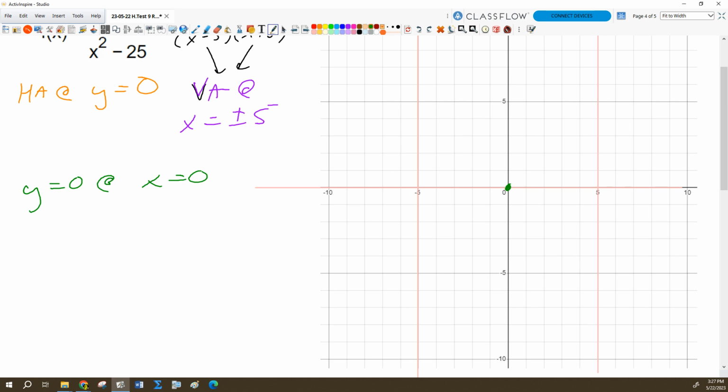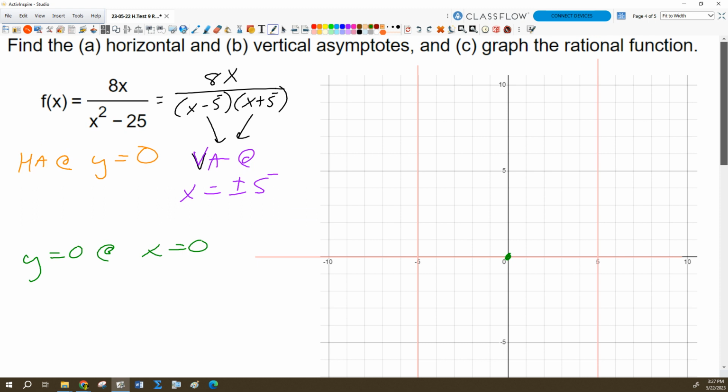Okay, so what would be good test points to choose? 3's fine. Yeah, we could try 3. So if I plug 3 into the function, let's see what happens. If I plug 3 in, what do I get on top? 24. Okay.